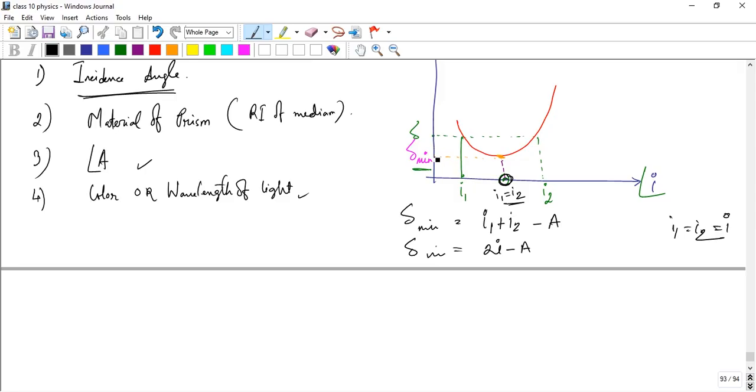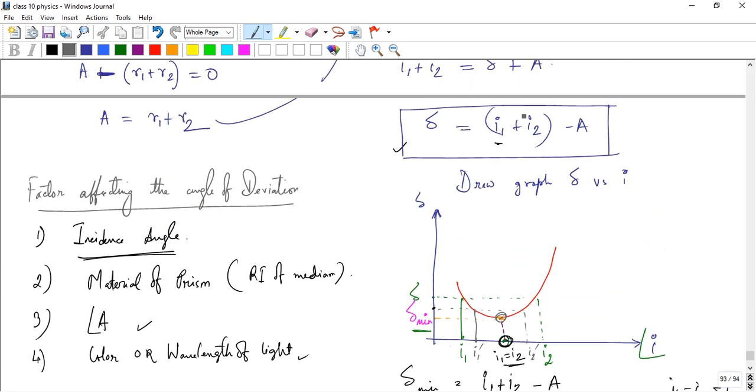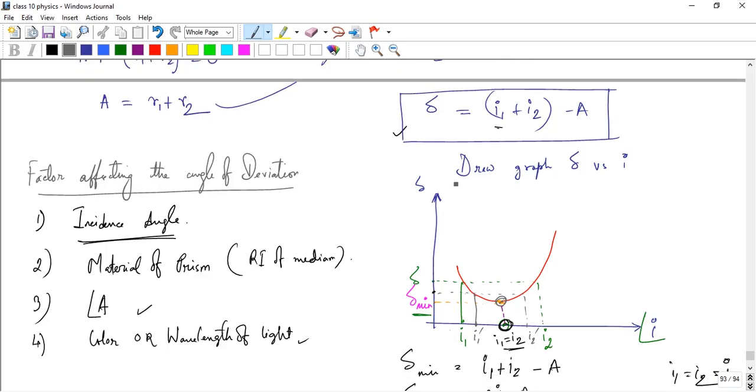But above the minimum, suppose we get two values of incidence, here I1 dash and I2 dash. So all other deviations have two possible values, but at the minimum we get only one value of incidence, meaning I1 and I2 are equal.